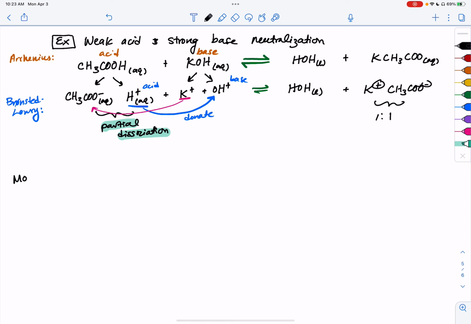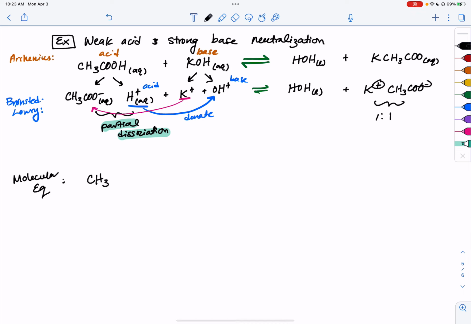So let's rewrite our molecular equation, making sure that we are fully balanced. Looking over here, I've got one acetate, one H plus, one potassium, one hydroxide. Excellent. This means my balancing is not too difficult.